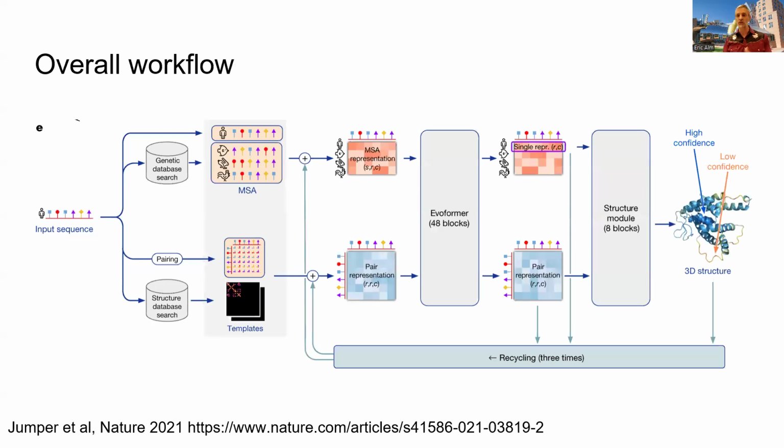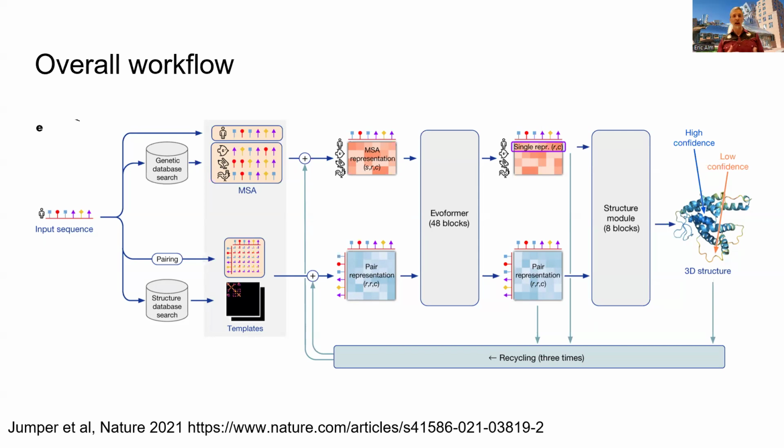Okay, so here's the overall workflow from that 2021 paper. We have an input sequence. The first thing we do with that sequence is a database search using a lot of the algorithms that Professor Kellis described to quickly identify other homologs of our protein. And then we build a multiple sequence alignment of those homologs.